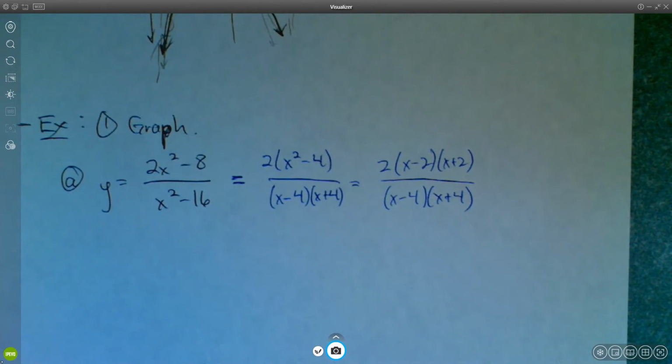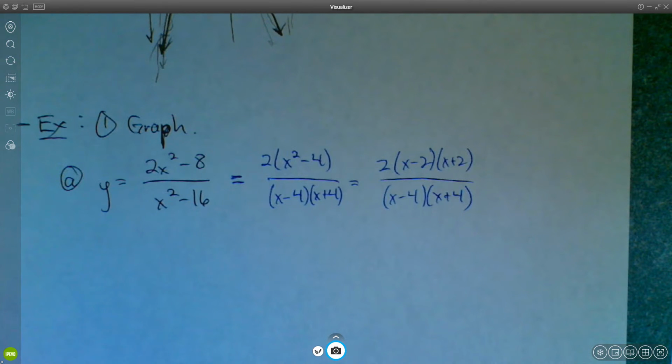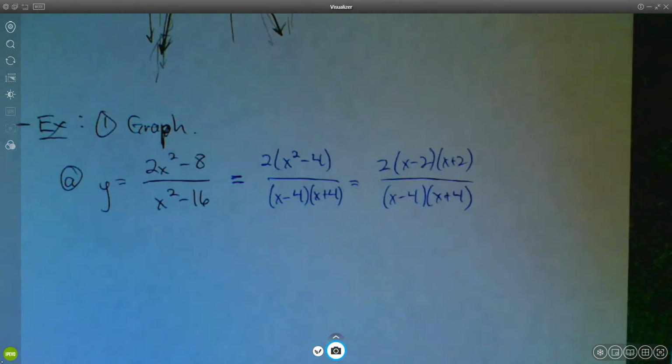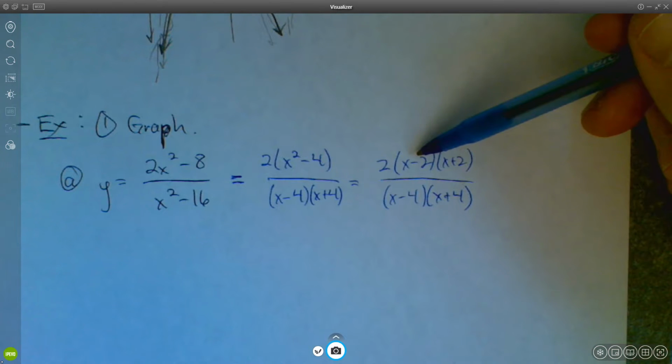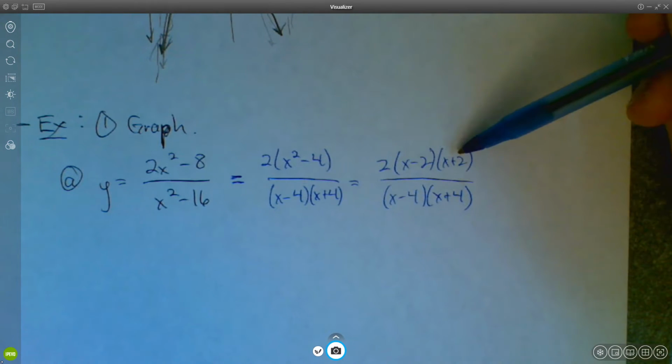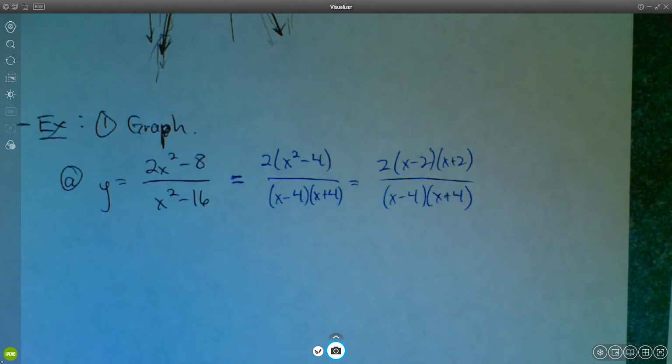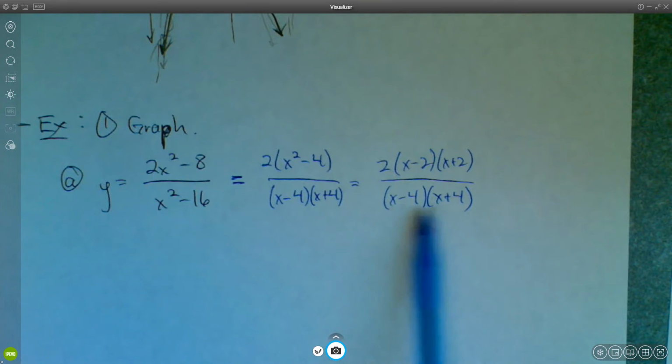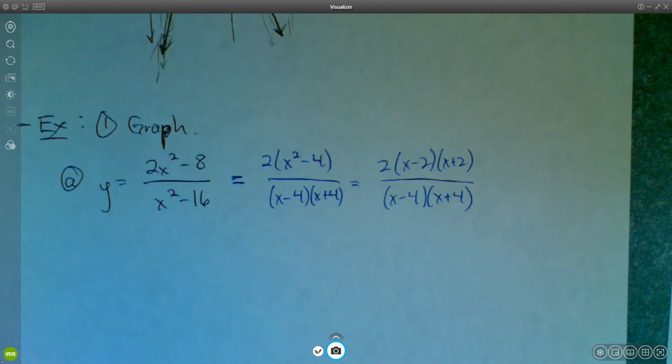And so zeros from the numerator give you your x-intercepts, right? So we've got an x-intercept at positive 2 and at negative 2. Zeros from the denominator tell you where you have vertical asymptotes. So we've got vertical asymptotes at positive 4 and at negative 4.